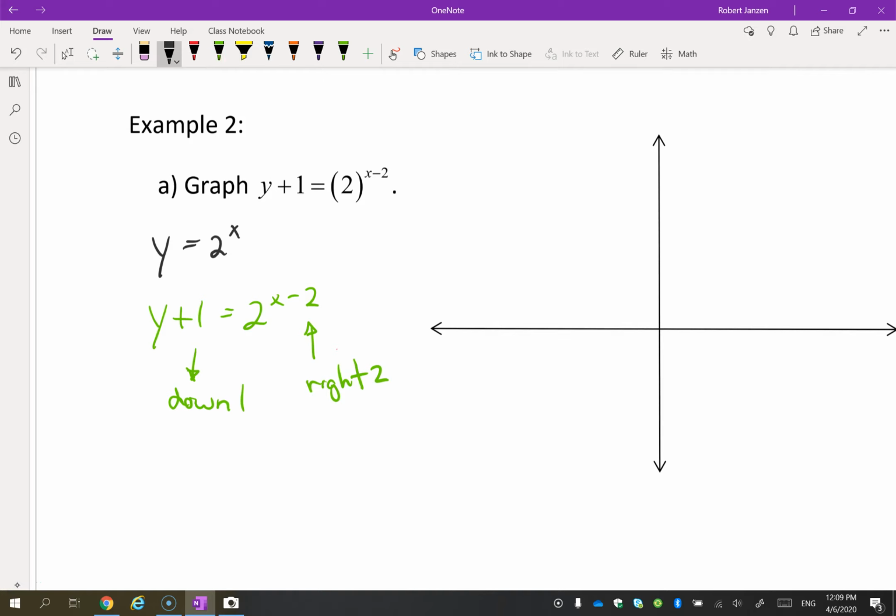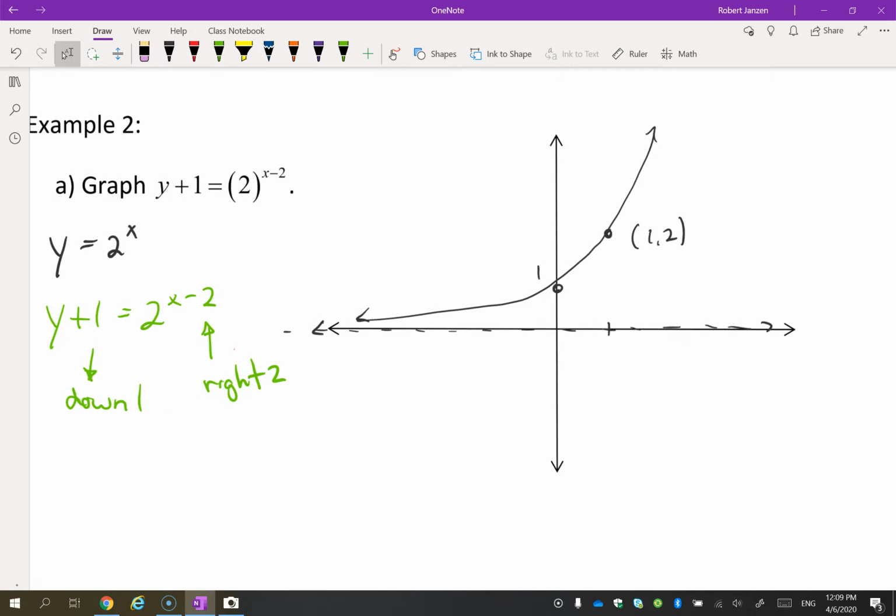Okay, so we'll start with the basic graph. Okay, and now we're going to go down 1 and right 2. So this y-intercept, down 1, right 2. That's going to be at 2.